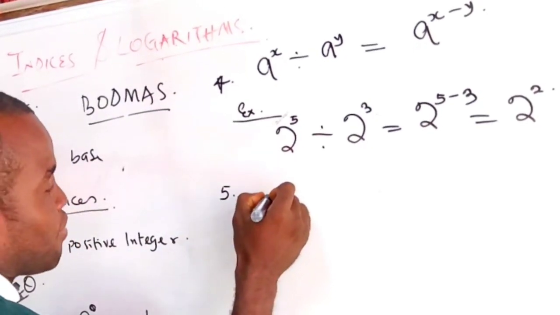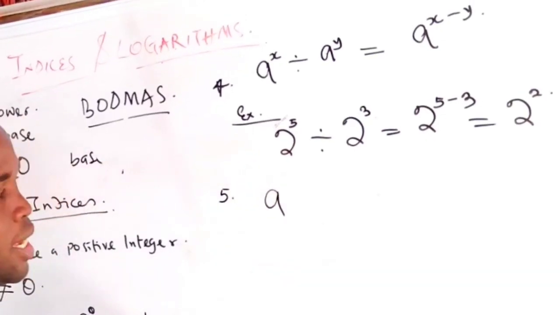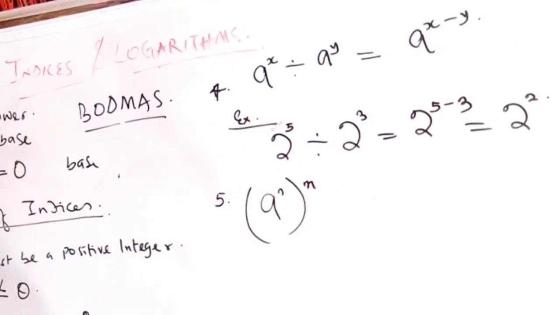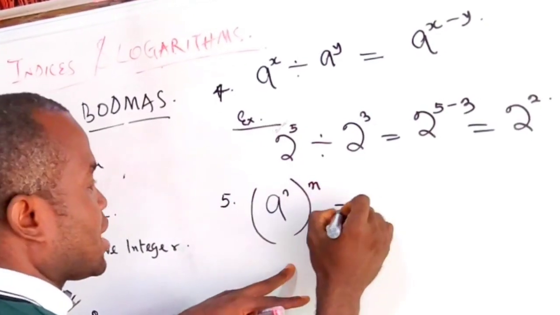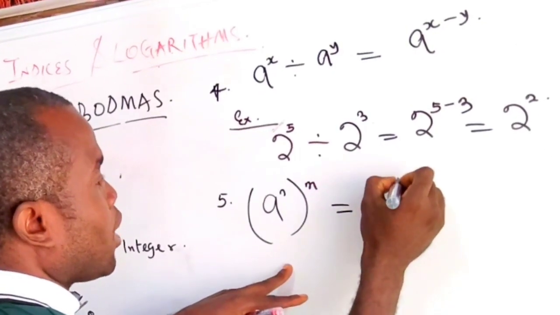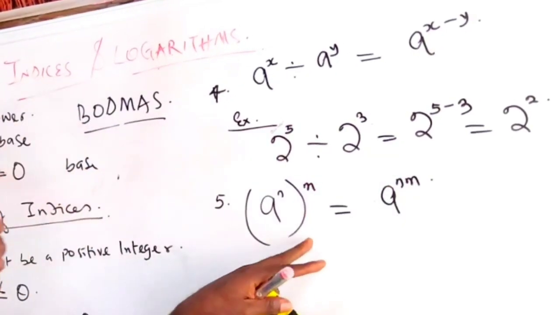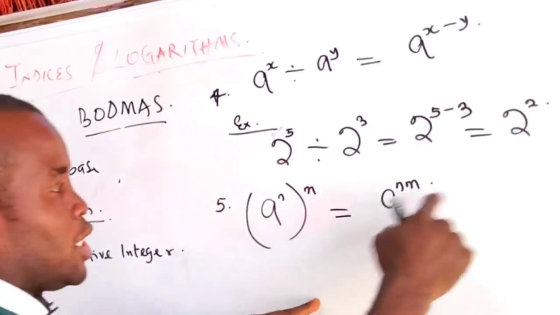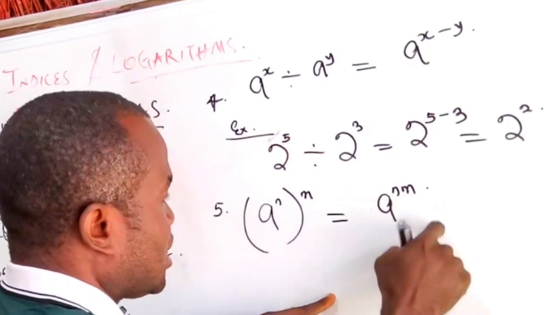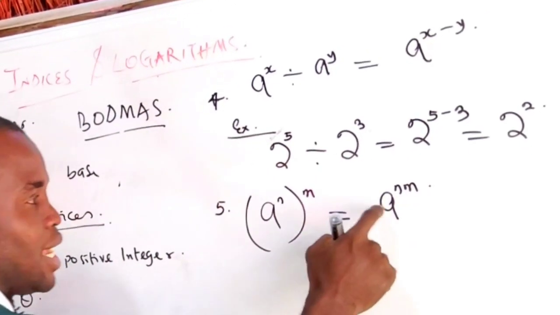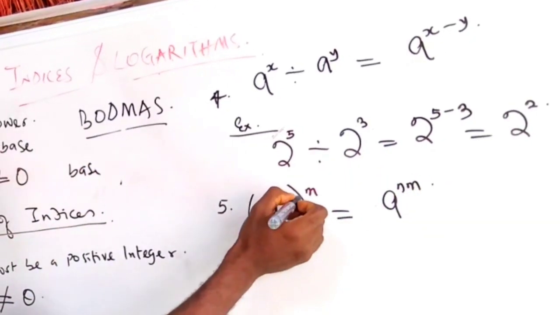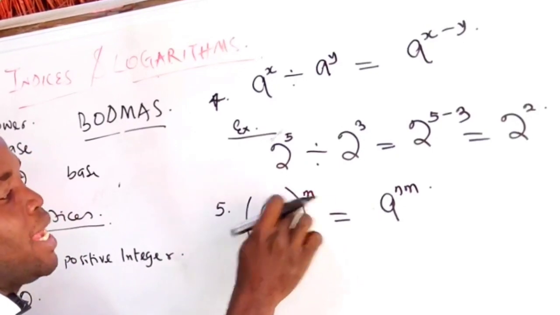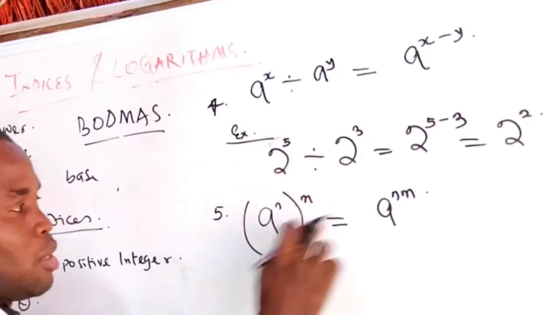So if you have a raised to power n and m, this is the same thing as a raised to power nm, because the bracket simply means multiplication. But this time around, you are multiplying the powers.